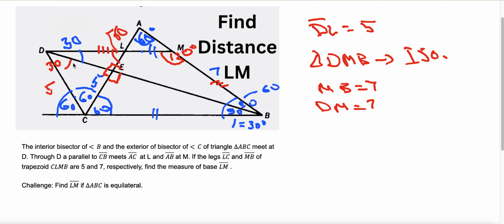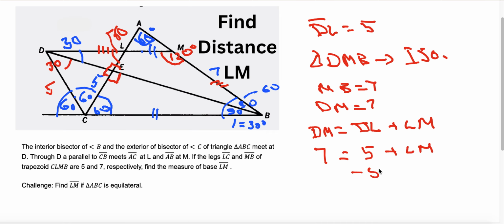Now DM is equal to DL plus LM. What do we know here? DL is 5 units and DM is 7 units. 7 is equal to 5 plus LM.